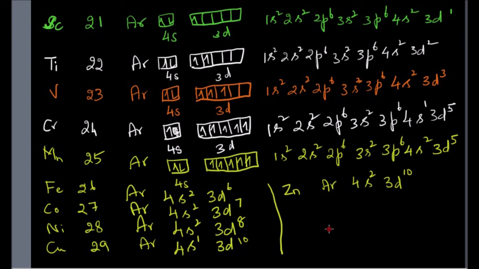We have written electronic configuration of elements up to zinc with 30 electrons.